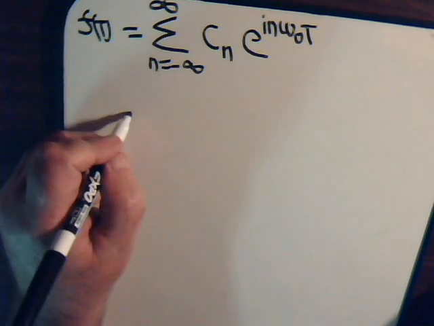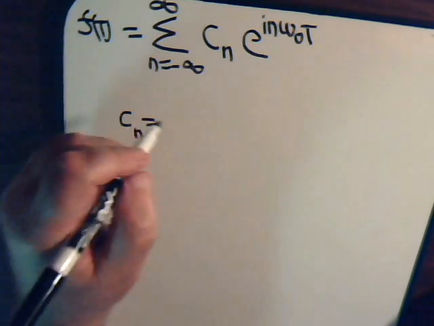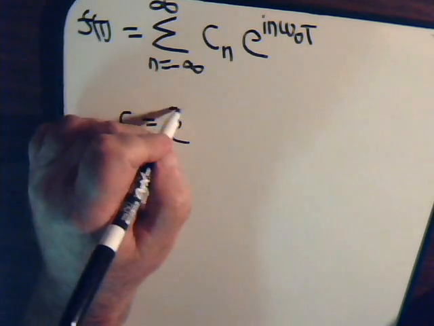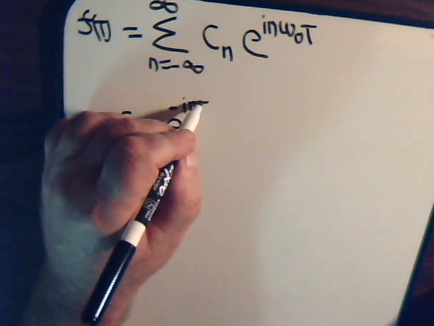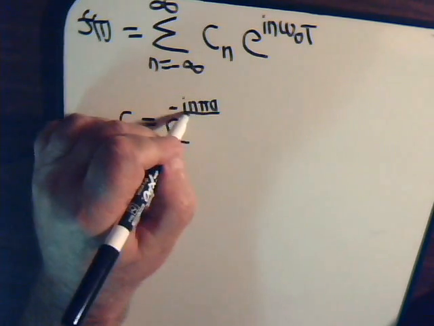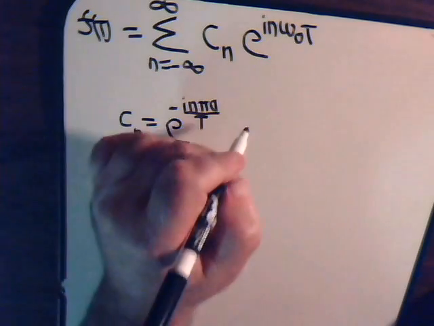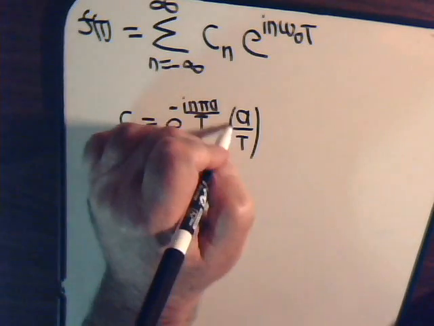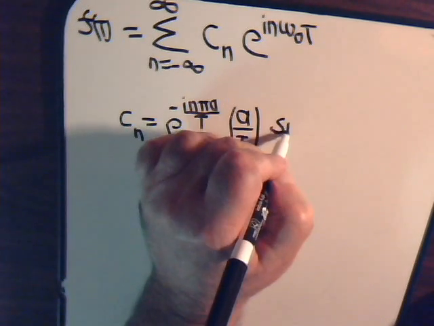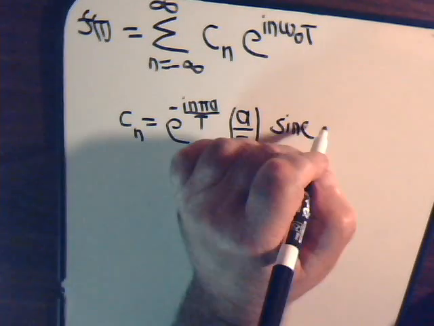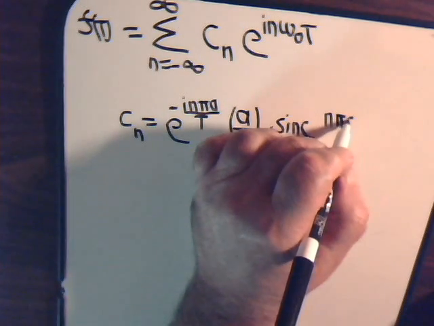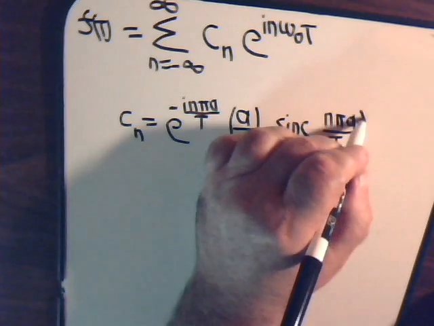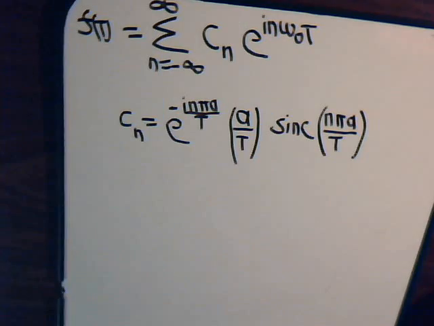So let's write it up here. Cn equals e to the minus i n pi a over t times a over t times the sinc of n pi a over t. So that is our expression for C sub n.